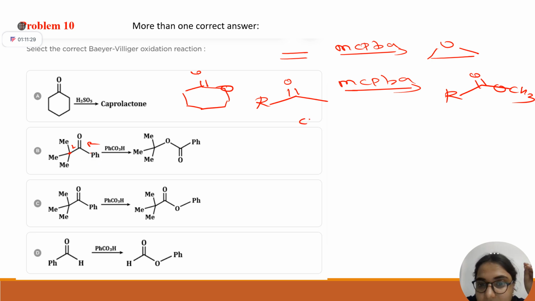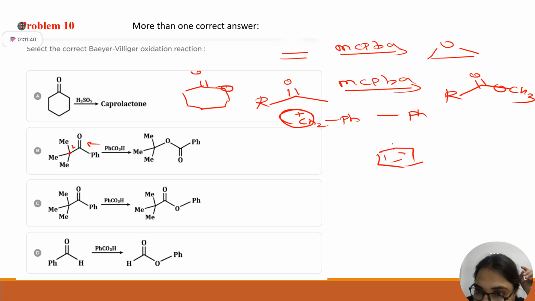See, if it is CH2Ph, then you can say obviously this will be stable. Here it is Ph, and a carbocation on an sp2 carbon is not that stable, right? So this is stable. So where the carbocation is stable, you have to migrate that group.